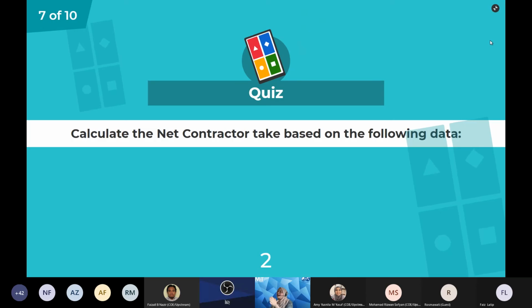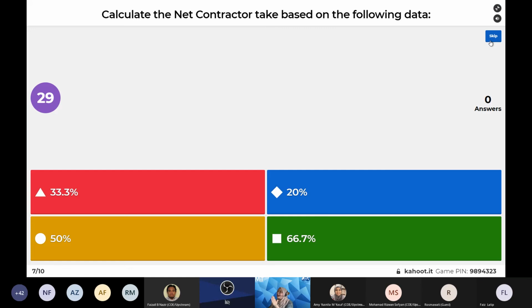This is the calculation question. Please take out your calculator. Calculate the net contractor take based on the following data. So we have the gross revenue, cost, contractor profit, tax, and government profit. We have allocated specifically 30 seconds for this question.